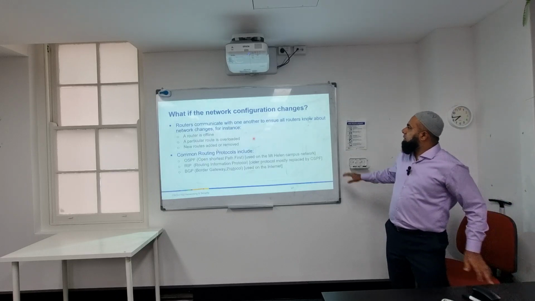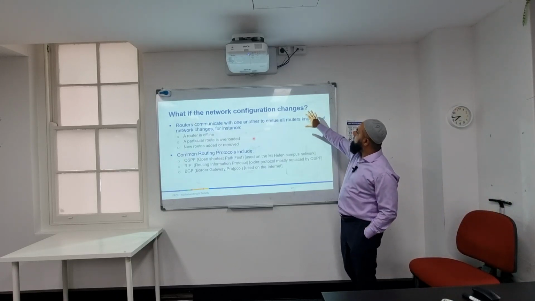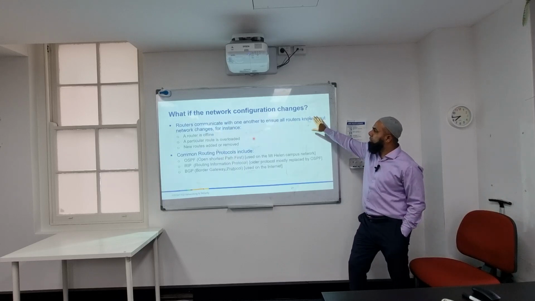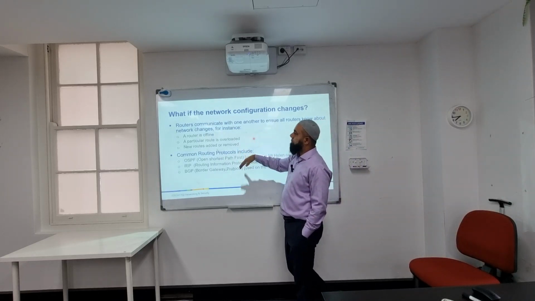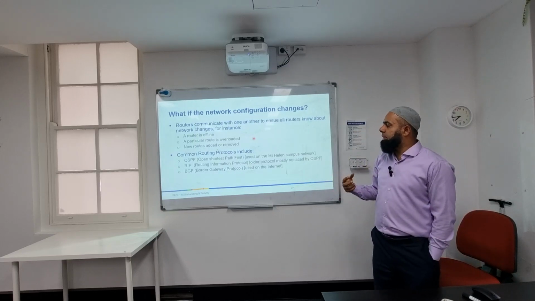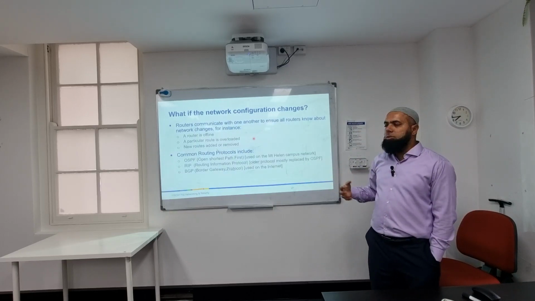So what if the network configuration changes? Routers communicate with one another to ensure all routers know about network changes. For example, if a router is offline, a particular route is overloaded, or new routes are added or removed.